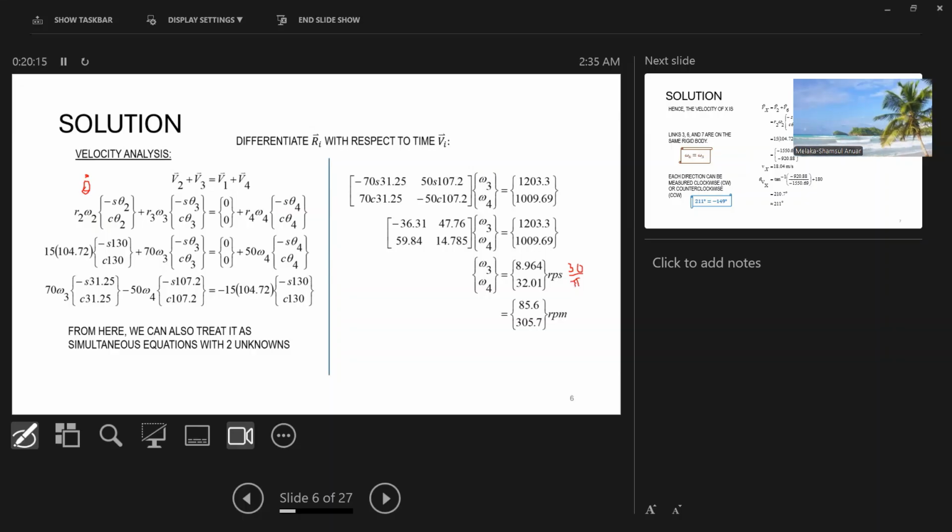Okay. If you want to convert from RPM to radian per second, you have to times by pi divided by 30. Okay.